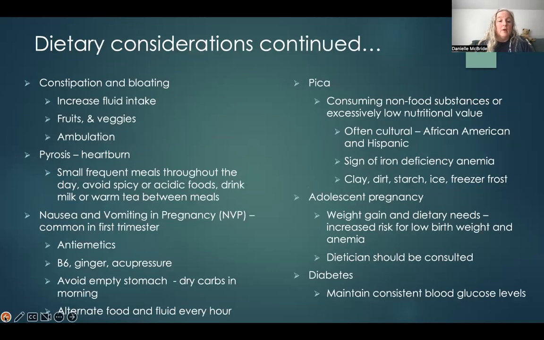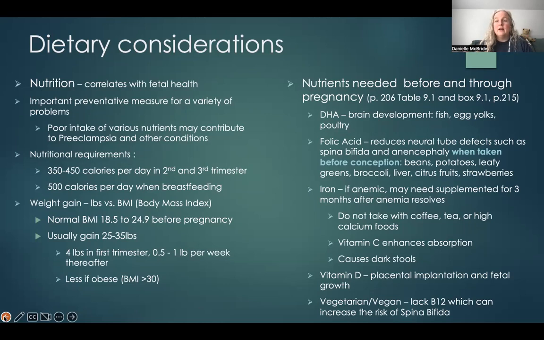Nope. Complex carbohydrates are going to give her a lot of the nutrients that she needs. Folic acid, we talked about, for helping to decrease the prevalence of neural tube defects. And so with a lot of these we're thinking about what foods have these items. Okay, so like DHA you get with fish and eggs and poultry.